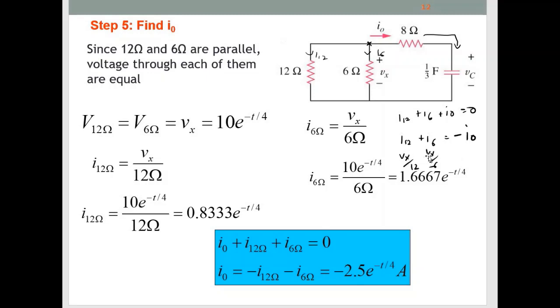Once you get Vx over 12 and Vx over 6, I12 is this one and I6 is this one, plus, and then you will get I0, which is negative 2.5 e negative t over 4 ampere.